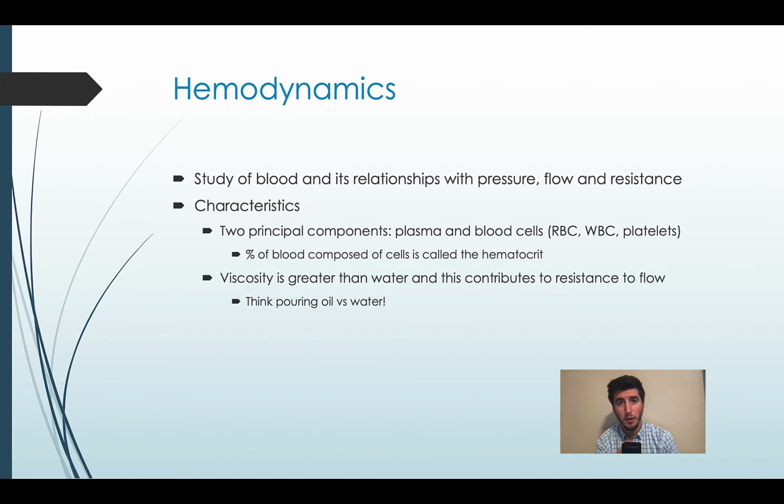Blood, hemodynamics, blood dynamics. There are two principal components of blood. We're going to have plasma, which is the liquidy stuff, and then we're going to have blood cells, which are our white blood cells, our red blood cells, and our platelets. If anyone's ever spun blood down in a centrifuge, you get three different layers.